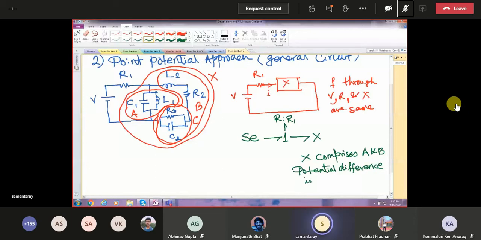Each has equal potential difference across A and B. So we extend the model: source, then R1, then this X with the same potential difference. That means a zero junction. Potential difference is effort. And then we have A and B.